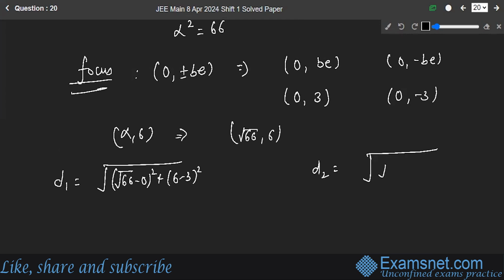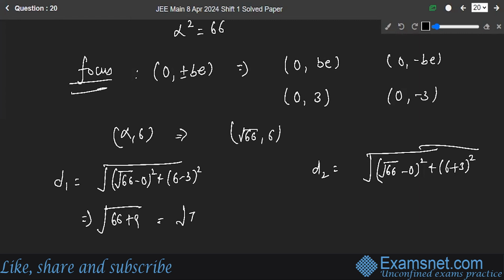This is again root of (6√6 minus 0) square plus (6 plus 3) square. This gives me 66 plus 9, which is equal to 75 under the root. And this is equal to 66 plus 81, which is 147 under the root, right?